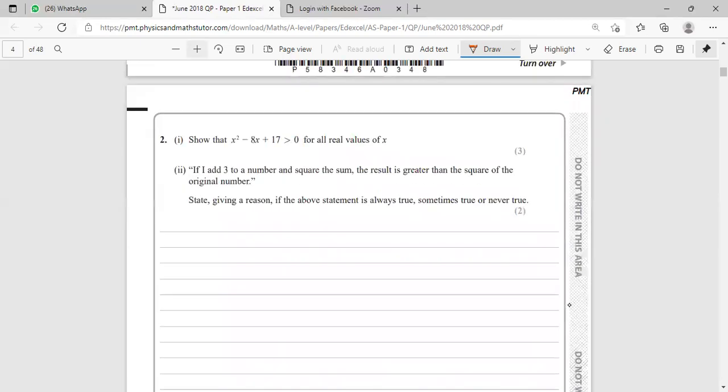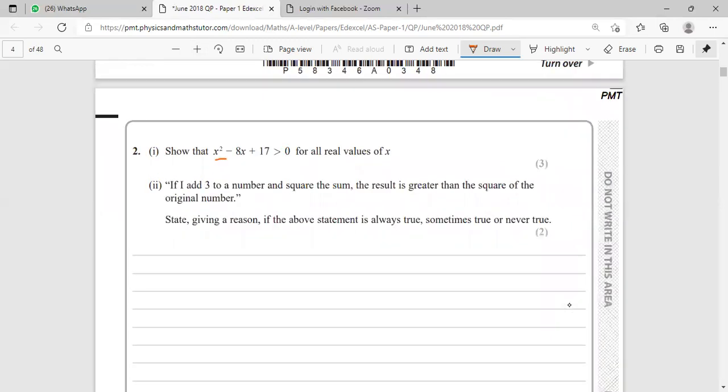Here it is. Show that x squared minus 8x plus 17 is greater than 0 for all real values of x. In this question, we need to show that this expression right here is a positive expression. Only then it would be greater than 0. So let's do that.